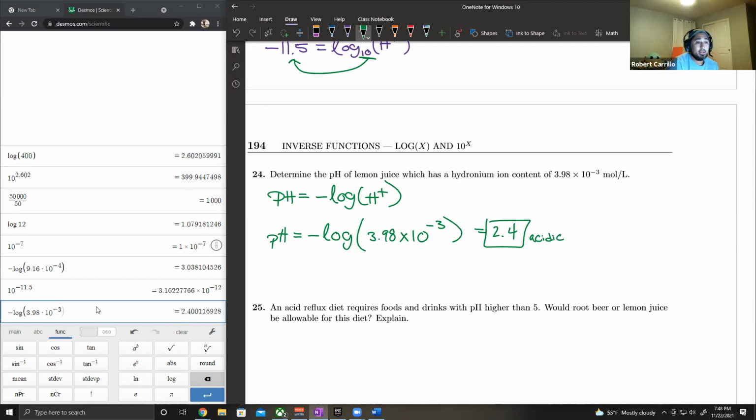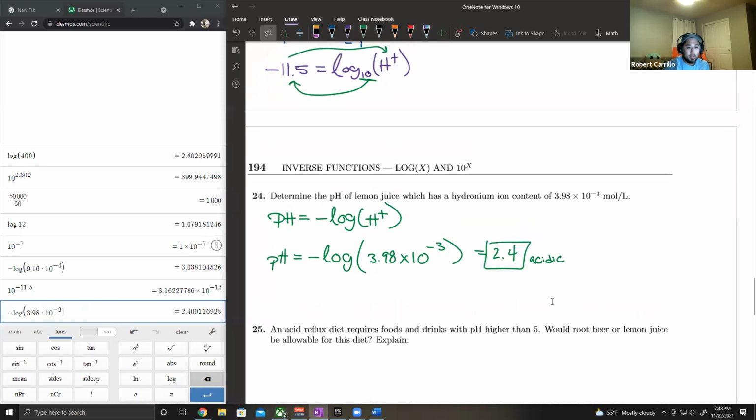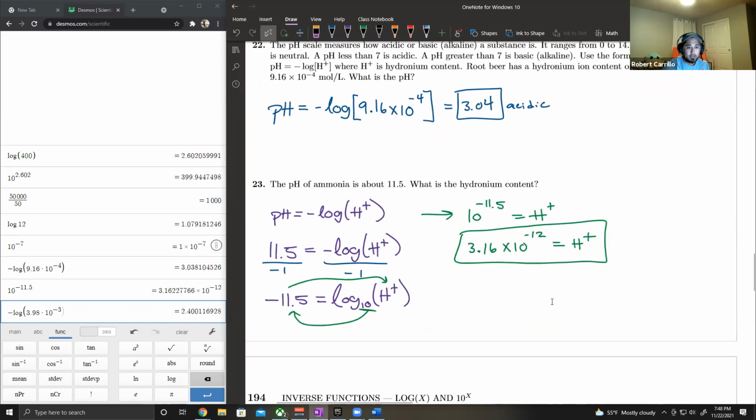Okay. So 25, still working with the same problems. An acid reflux diet requires foods and drinks with a pH higher than 5. Would root beer or lemon juice be allowable for this diet? So root beer was 3.